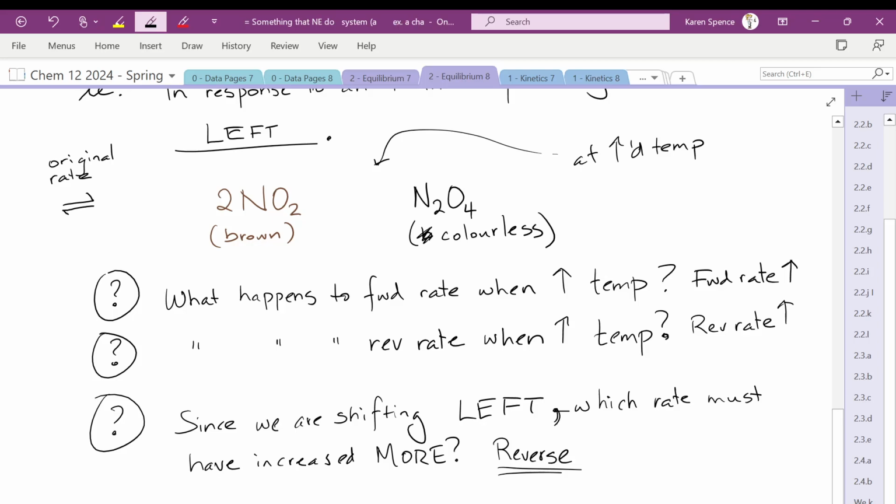The forward rate is going to increase, so the arrow got bigger. But what happens to the reverse rate? It gets bigger, but even more bigger. Yes? Is that good?